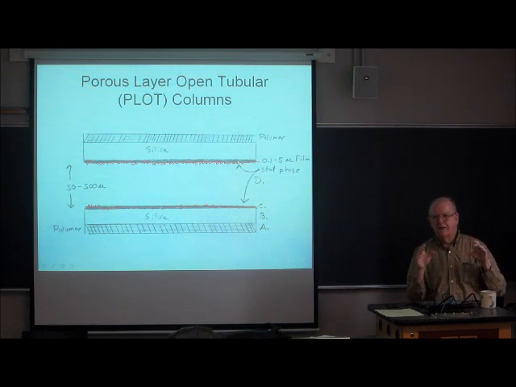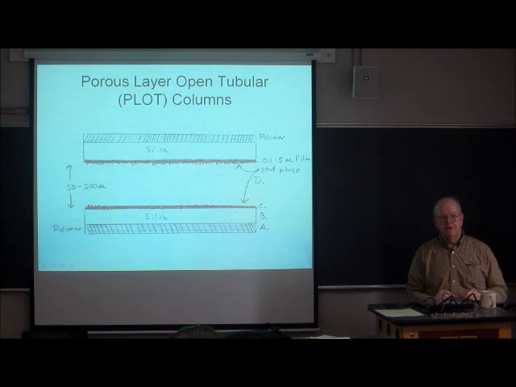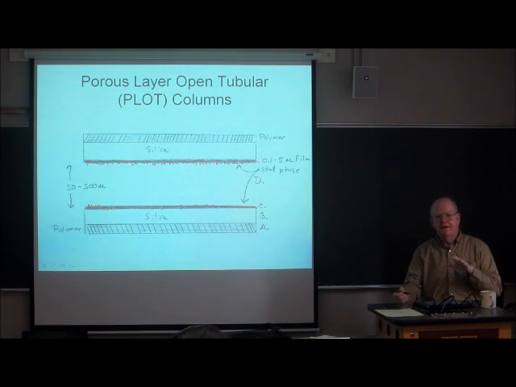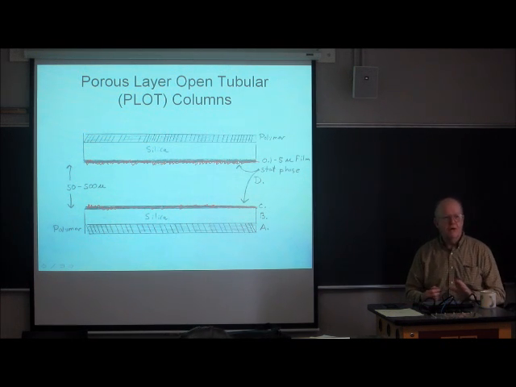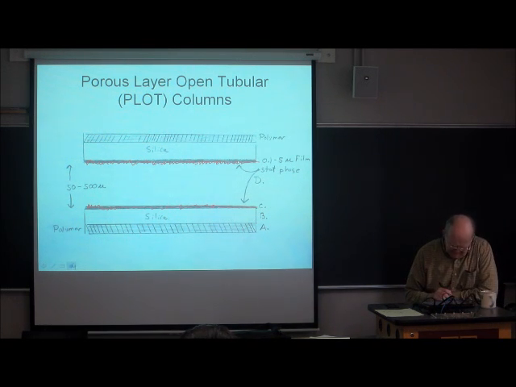See, if you have a high area and you put the same weight of stationary phase on a high area, the average thickness has got to be less than if you put it on a smooth surface. So the idea is you get the benefit of the stationary phase without paying for it in terms of a thick film. Does it work? Sometimes. Is it expensive? Yes. But sometimes it's indispensable.